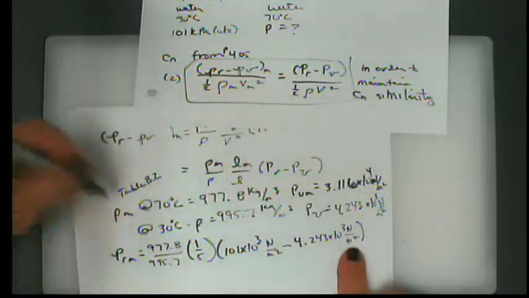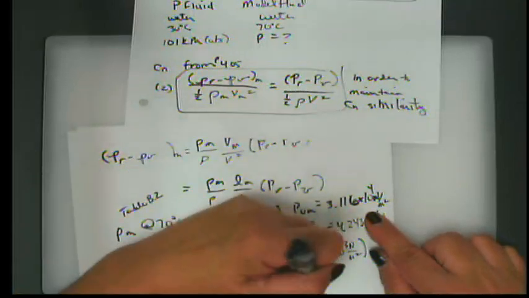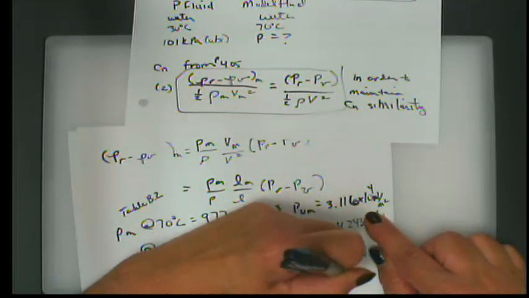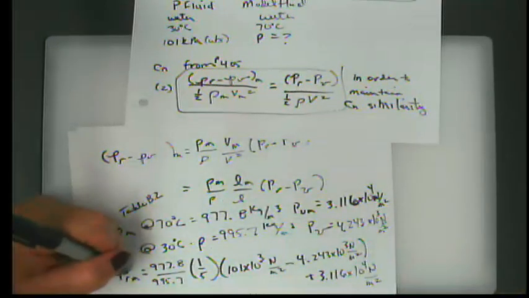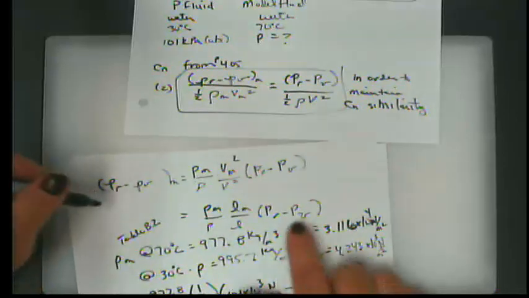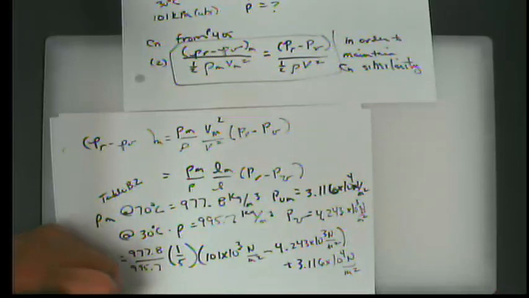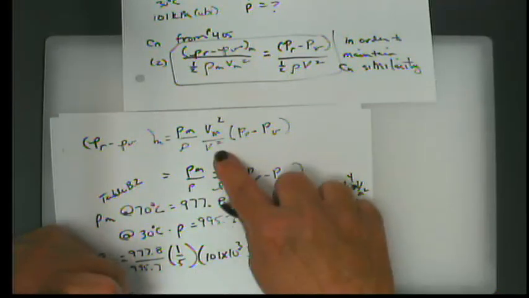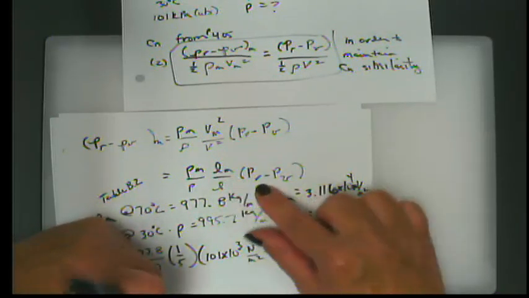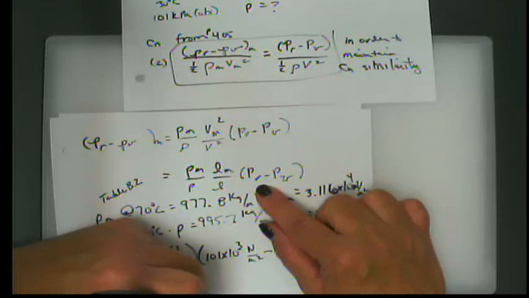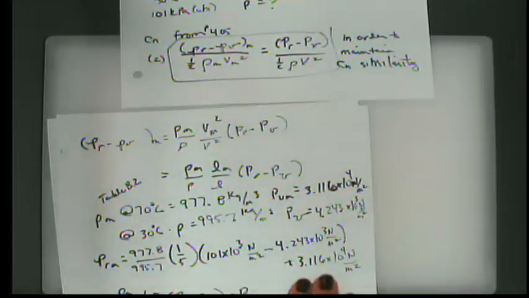Then, because I'm solving for Pr of the model, I need to add to that the vapor pressure of the model. My units are all the same. I didn't write this out earlier, so let me write it for you: Pr of the model is equal to rho m over rho times Lm over L times the quantity Pr minus Pv, and then I have to add to that the Pv of the model.